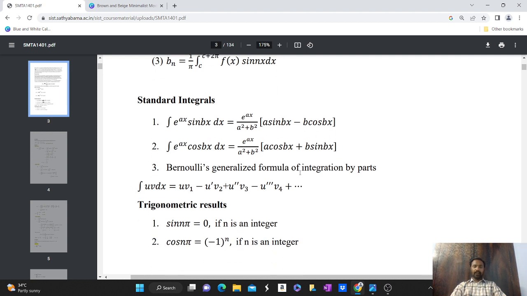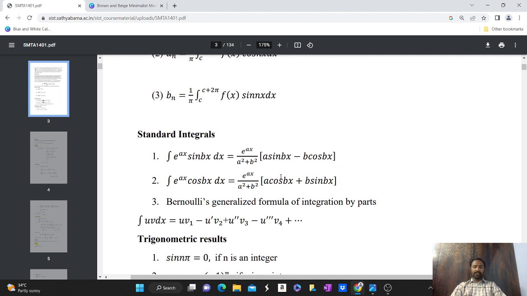These are some standard integrals. Integral of e power ax sin bx dx equals e power ax divided by a square plus b square times (a sin bx minus b cos bx), and integral of e power ax cos bx dx equals e power ax divided by a square plus b square times (a cos bx plus b sin bx).